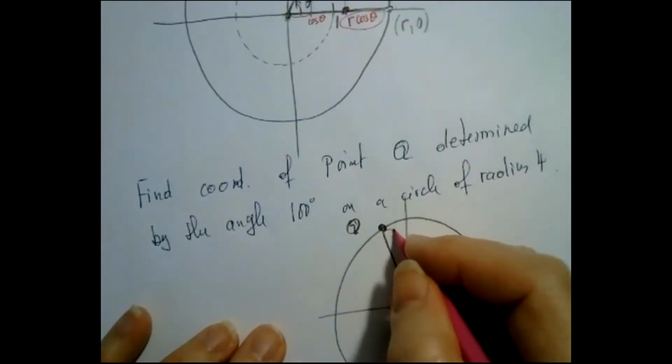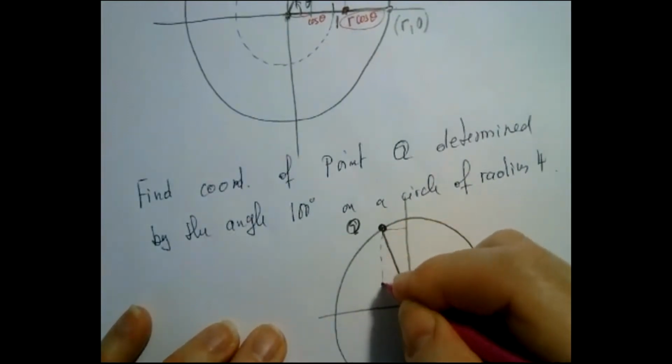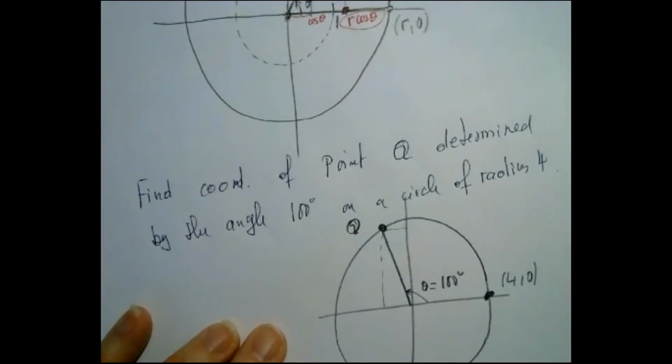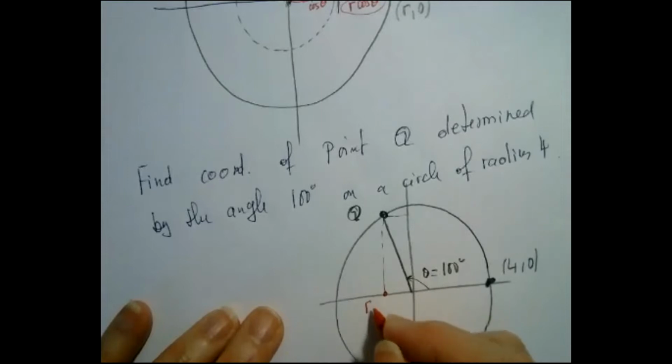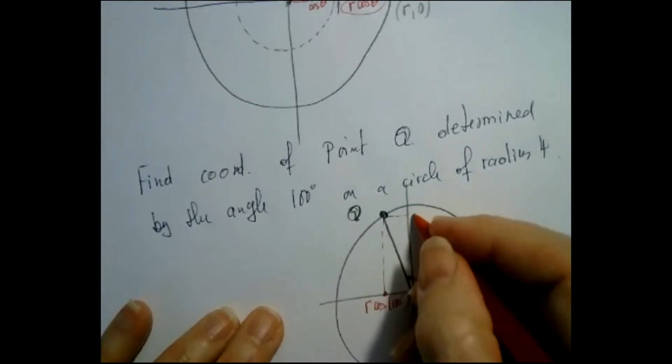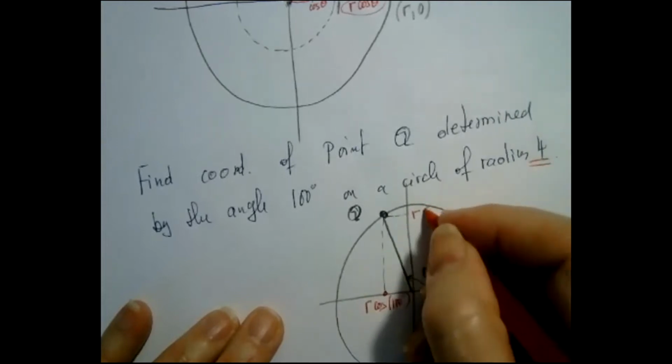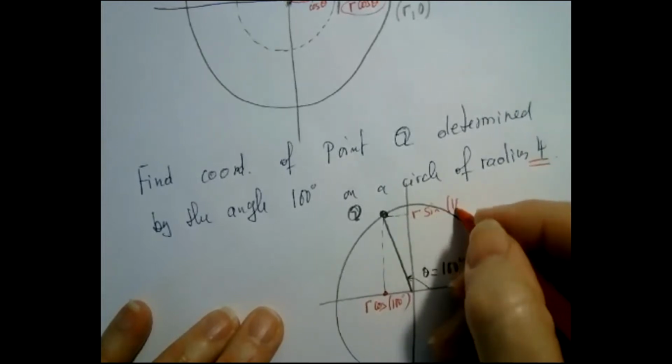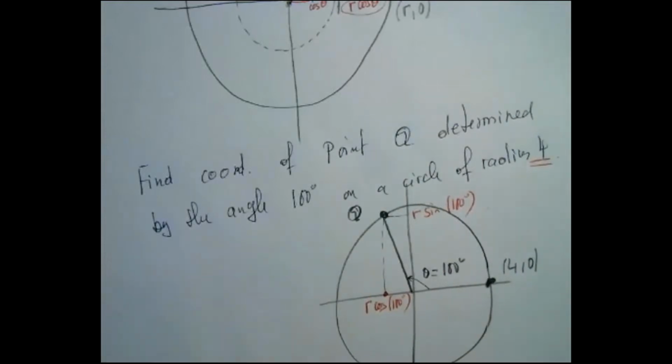If my circle is not the unit circle, the x coordinate would be r cosine of 100, and the y coordinate would be r sine of 100, where my r is 4. So that will be the change.